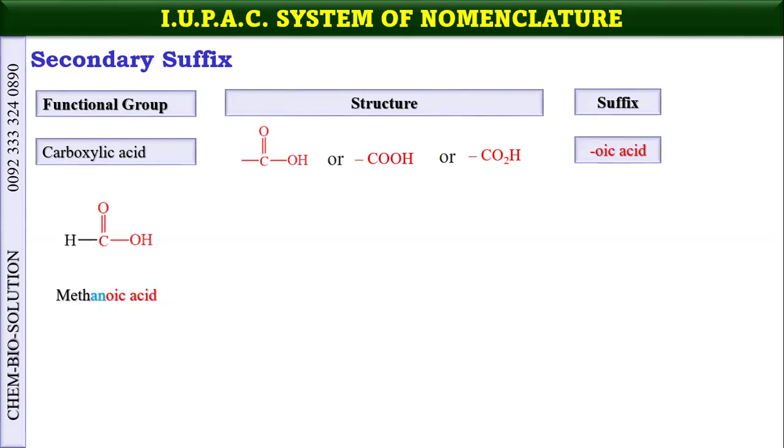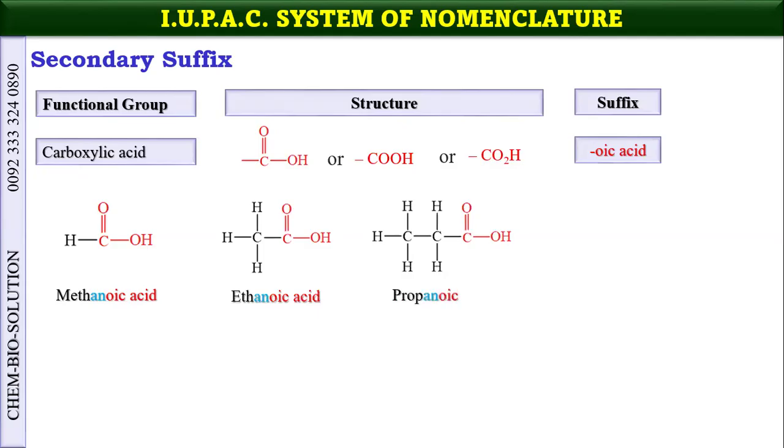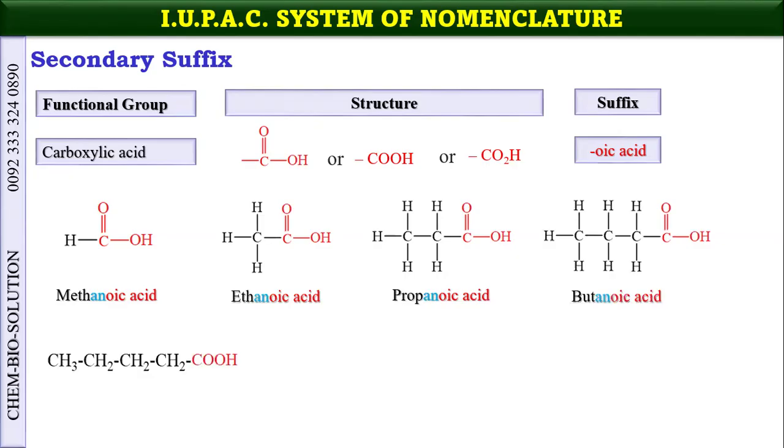So this is the carboxylic acid, and here you can see methanoic acid. This is ethanoic acid, this is propanoic acid, and this is butanoic acid. And this is another way of writing the formula: pentanoic acid, propanedioic acid.